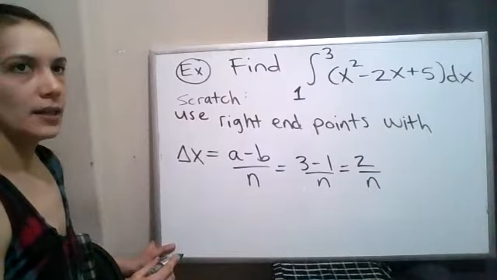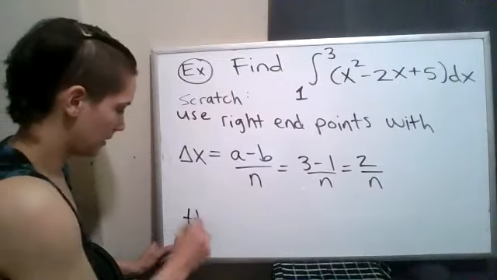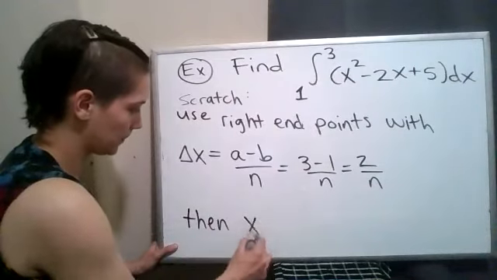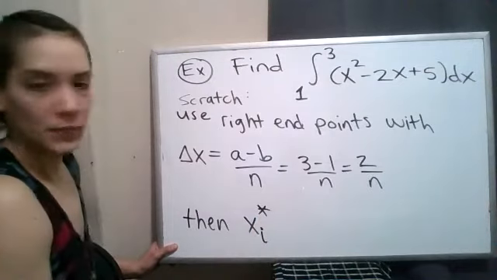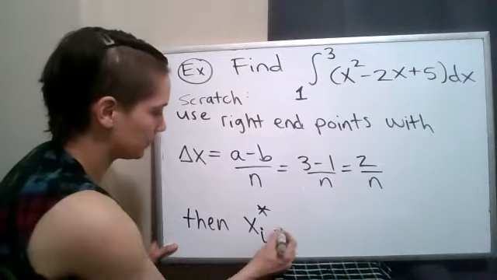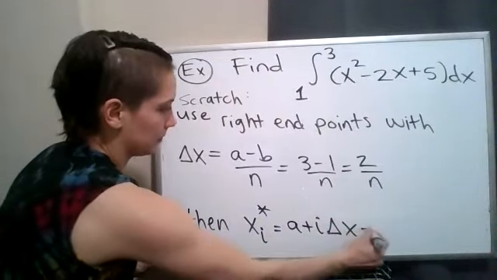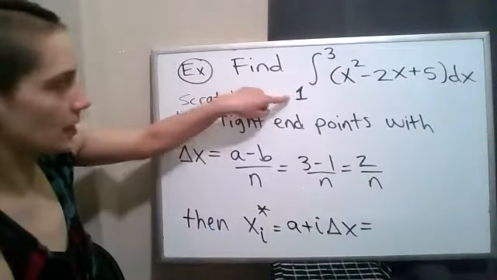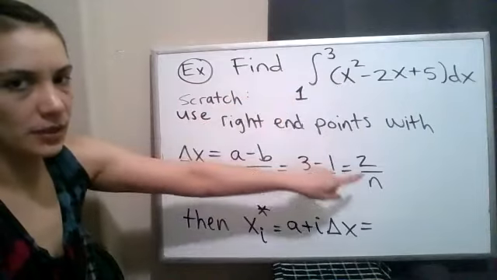Okay, x i star is a plus i times delta x. So here we start at 1. 1 plus i times 2 over n.